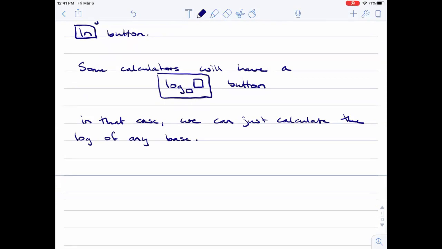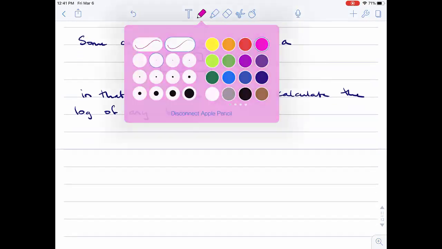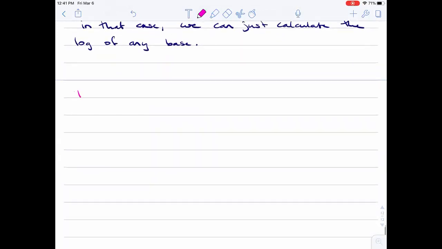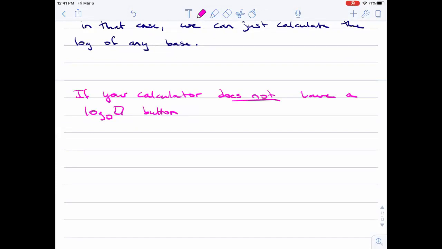I just want to show you, in case you don't have that button, then I'm skipping ahead to section 4.4, but I think it's worthwhile showing you now how to do the change of base formula. If your calculator does not have a log empty space button, we can use the following.